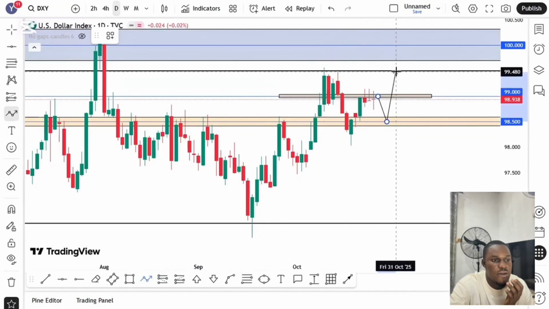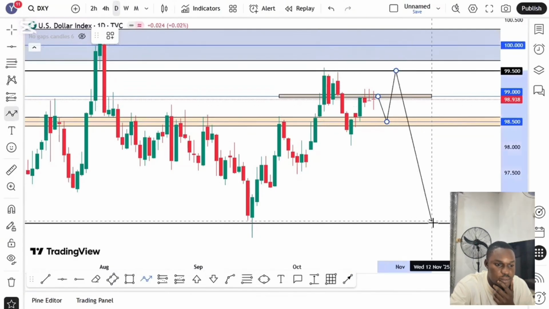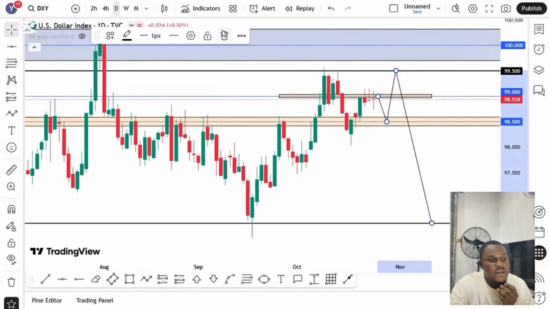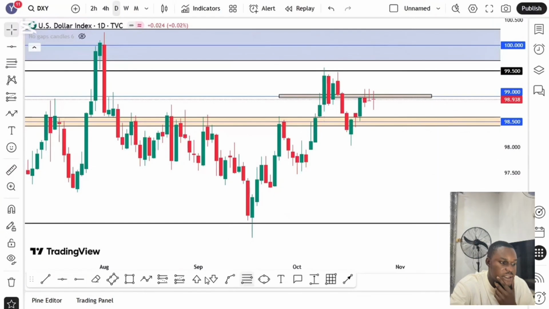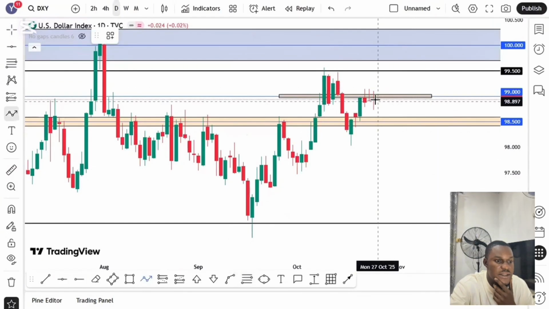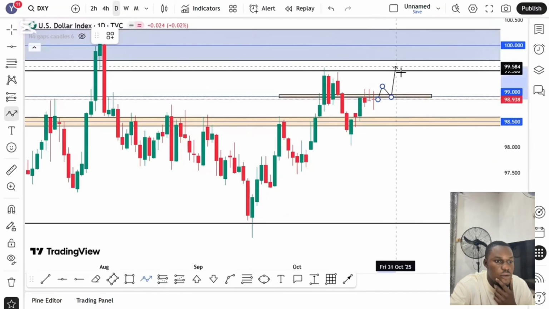Then we can know if the market is at the double top, we can decide whether the market can break or remain here to also give a double top and drop again. But at the moment, the market is bullish, so let's expect the market to break above this minor resistance level, then maybe break, retest, and go higher.